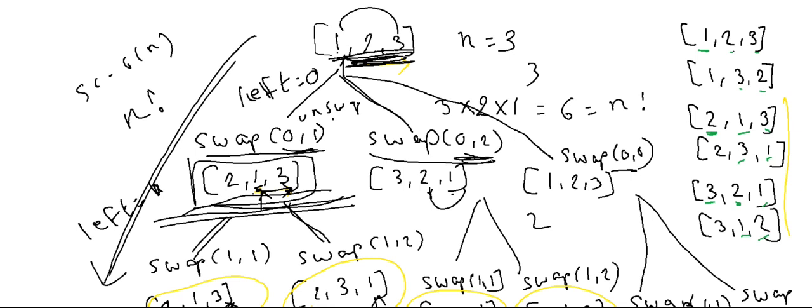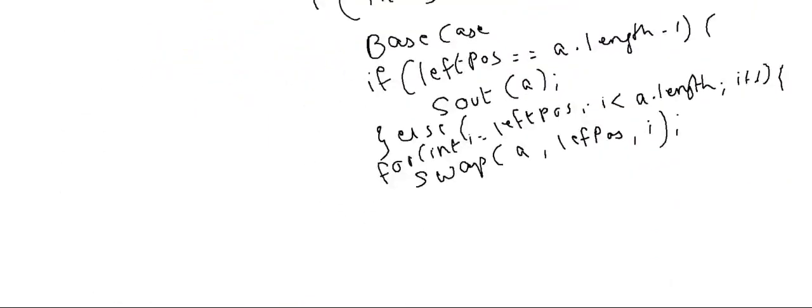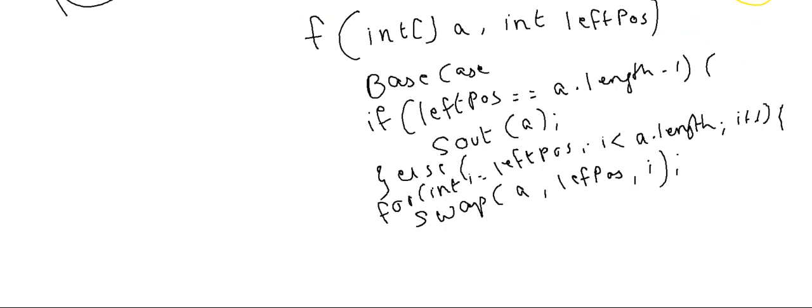Then I'm repeating the same step again. I'm going to call the same recursive function again, with the array, but this time I'm going to increment my left position, left position plus 1.